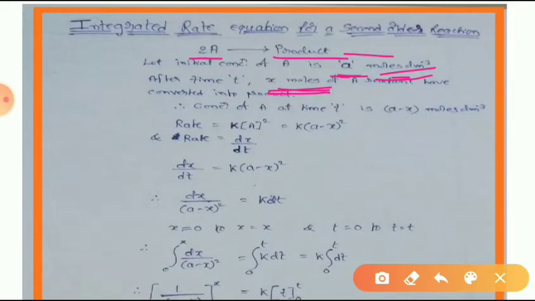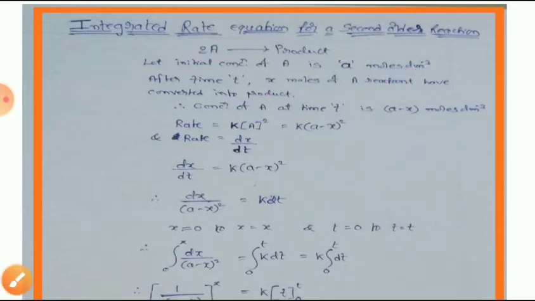So at that point the concentration of capital A will be a minus x moles per dm cube. This is the concentration of capital A at time t.